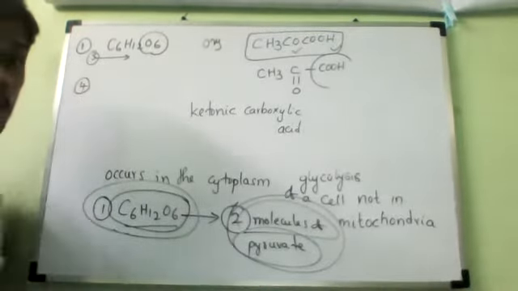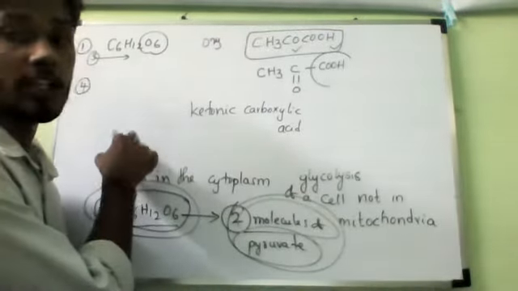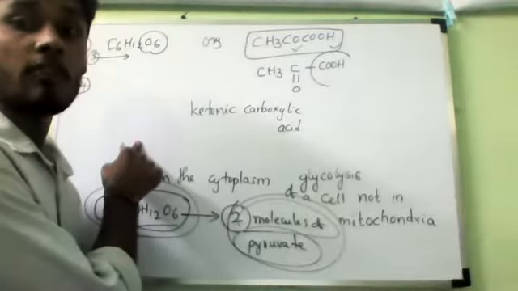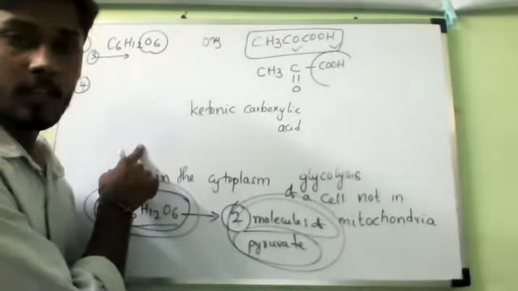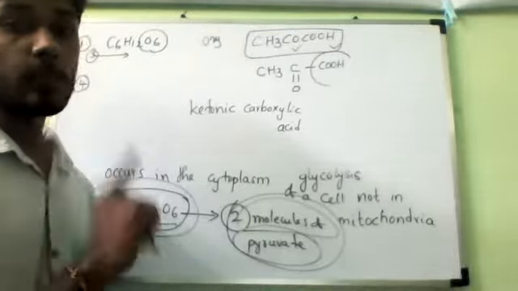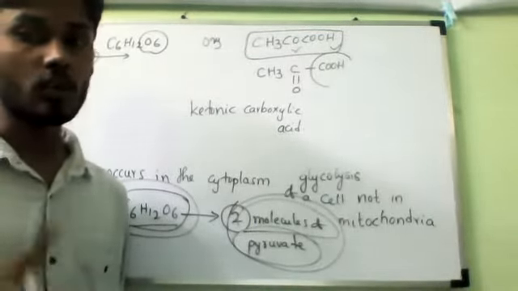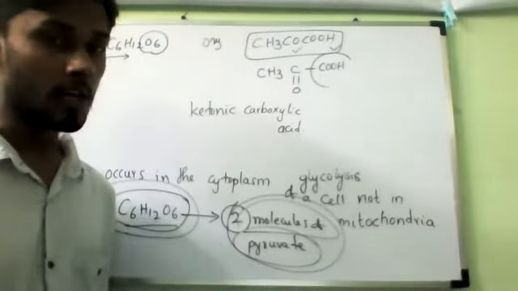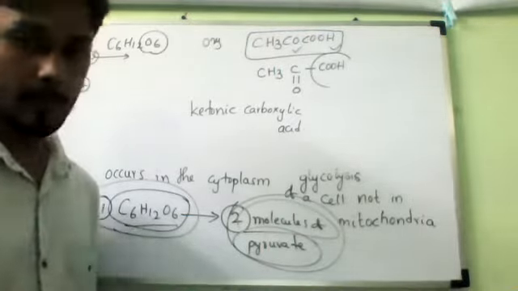Observe here, the fate of the pyruvate formed during respiration depends on whether oxygen is present in the cells or not. If oxygen is present in the cells, the pyruvate is completely oxidized to carbon dioxide and water, and a lot of energy is produced in the form of ATP.